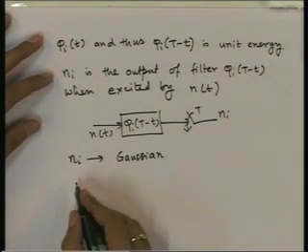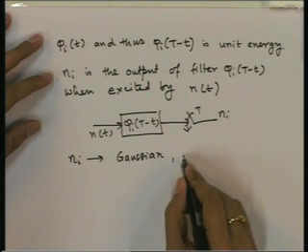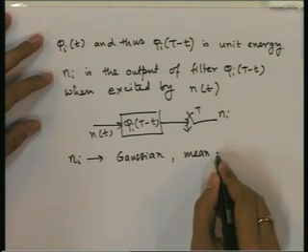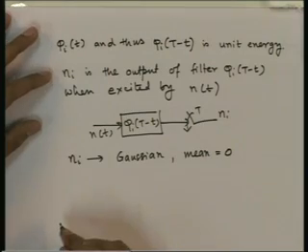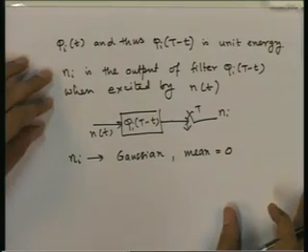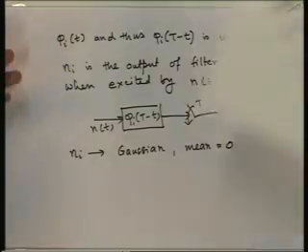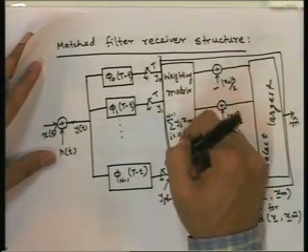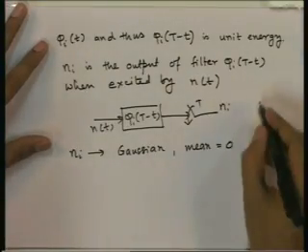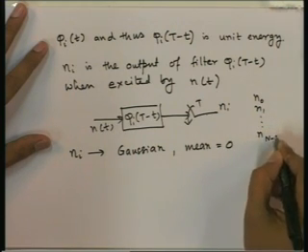Okay. And because N(t) is zero mean, N_i is also zero mean. And we will compute the variance, but before that, not only the variance, we will compute the covariance between any two of these noise components N_0 to N_{capital N minus 1}.